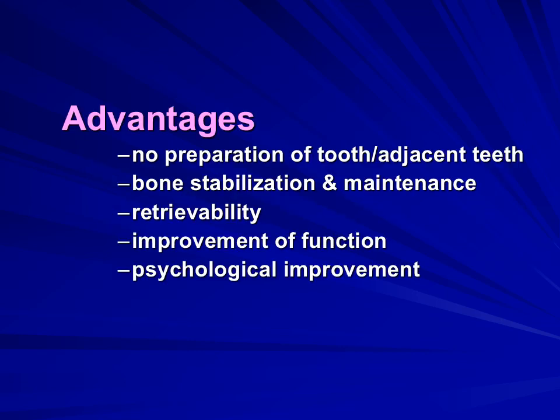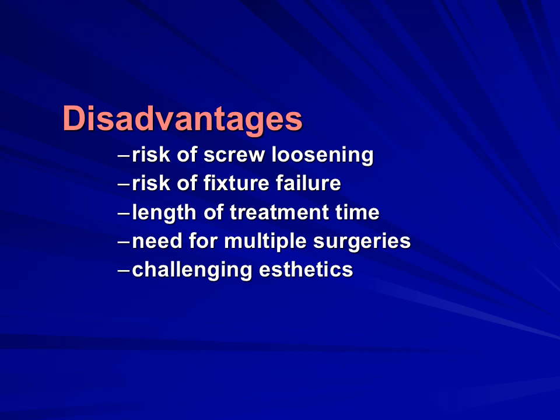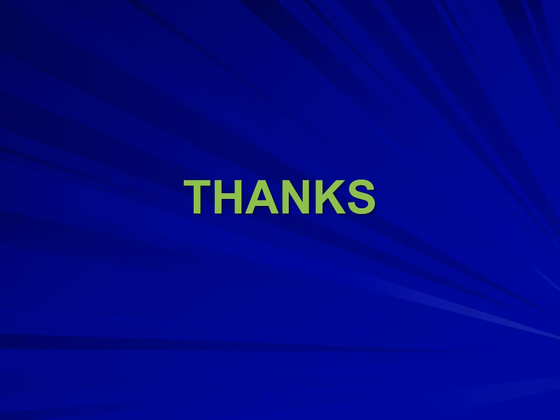Advantages: no preparation of the adjacent teeth, bone stabilization and maintenance, retrievability, improvement of function, psychological improvement. Disadvantages: risk of screw loosening, risk of fixture failure, length of treatment time, need for multiple surgeries, challenging aesthetics. That is all about type and design of fixed prosthodontics.